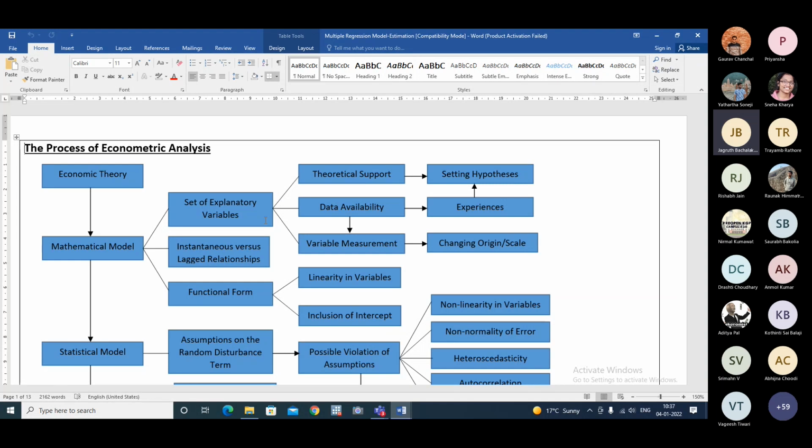Means past income can influence current consumption. But current consumption definitely cannot influence past income. So here actually we are ruling out the possibility of the direction of causality from Ct to yt minus 1.